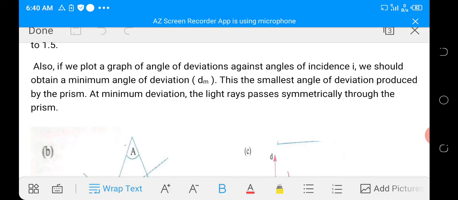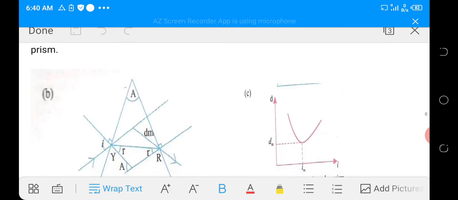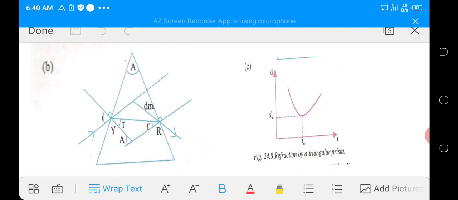Also, if we plot a graph of angle of deviation against angle of incidence, we should obtain a minimum angle of deviation, which is denoted with letters Dm. This is the smallest angle of deviation produced by the prism. At minimum deviation, the light passes symmetrically through the prism, as shown in figure B below.